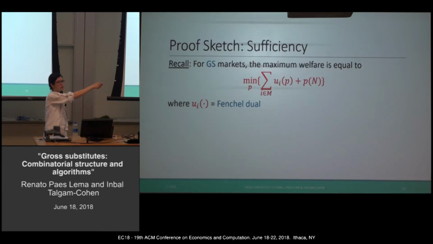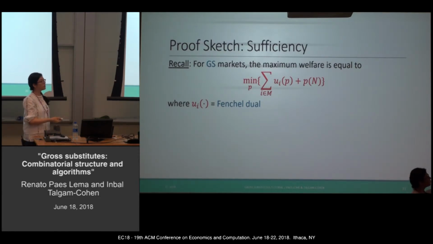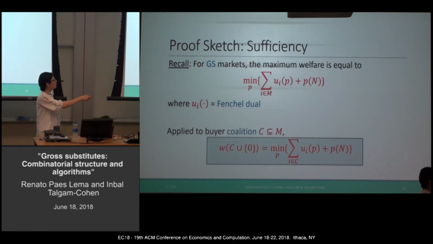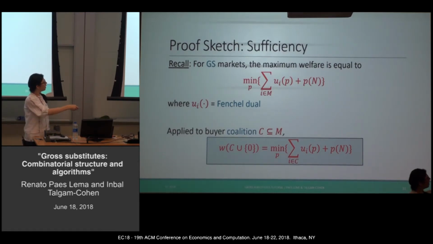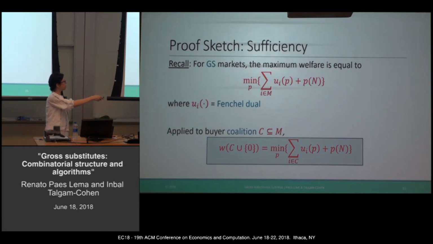We're using here the differential dual. So we can apply this in particular to any buyer coalition together with the seller, because the coalitional value function is exactly the welfare if we restrict the market to this set of players. So we have some expression for this function that we're trying to show is submodular.